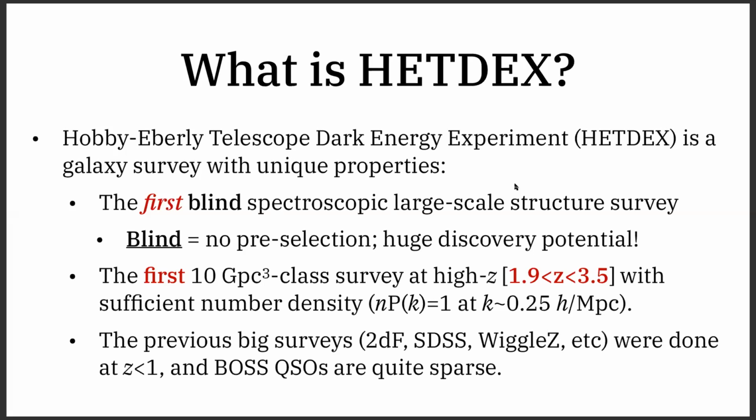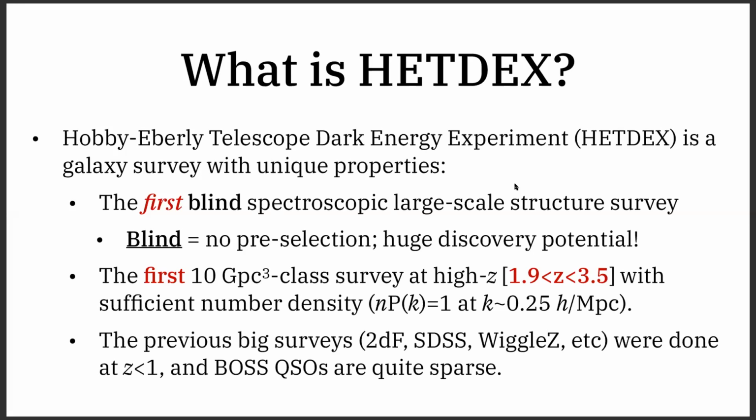So this is a summary of HETDEX. What is different from other surveys? This is the first blind spectroscopic survey. Blind means that we don't pre-select our targets, just put the fibers and then get whatever signal that we get. And this is the first 10 gigaparsec cubed scale survey at high redshift, 1.9 to 3.5, with a sufficient number density.